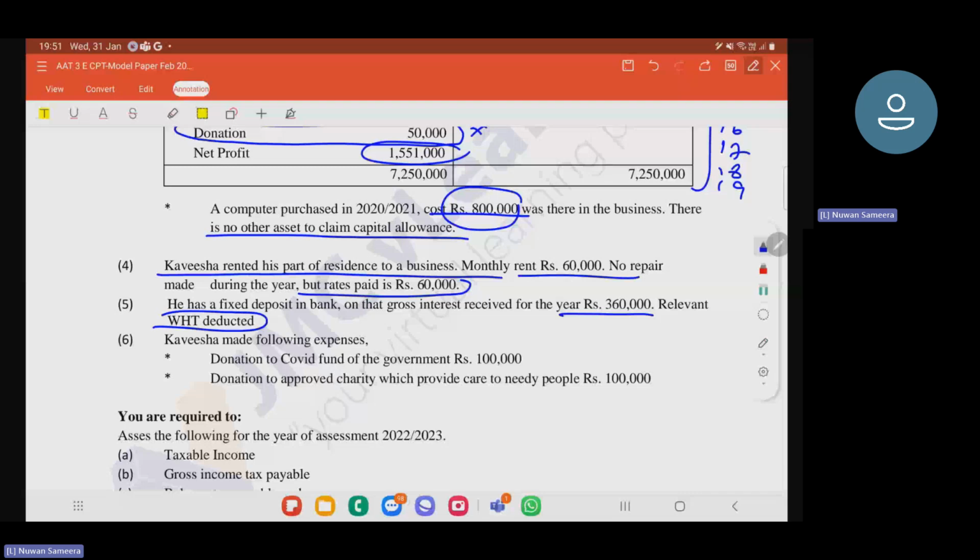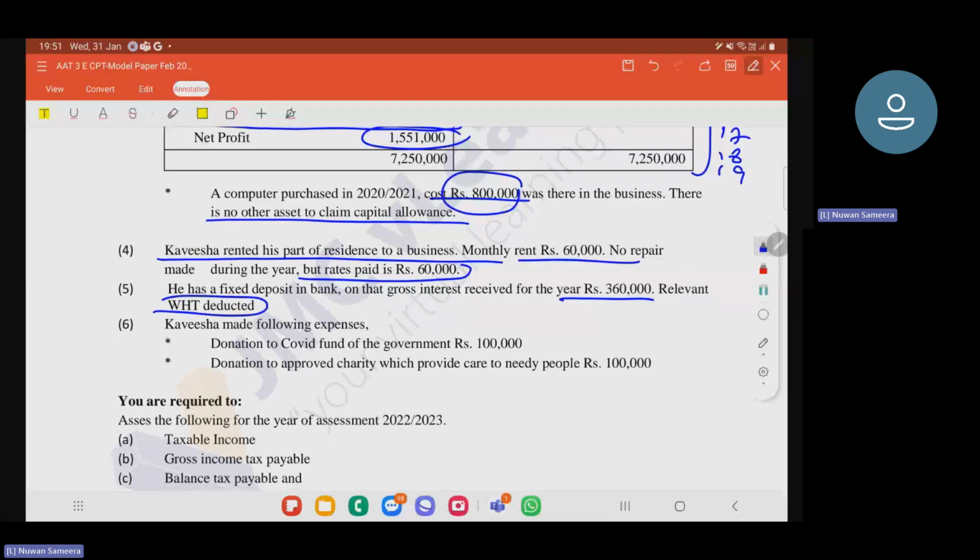Not a final one. So what is the withholding tax rate for dividend? Dividend, anyone?